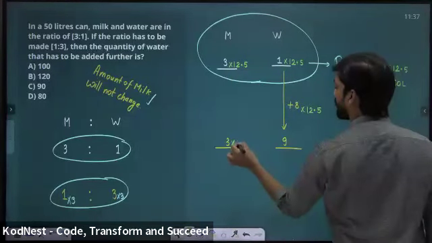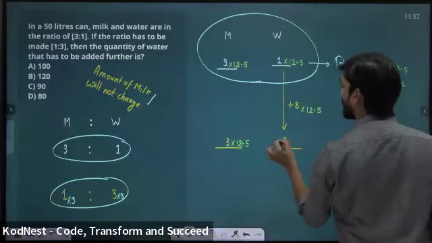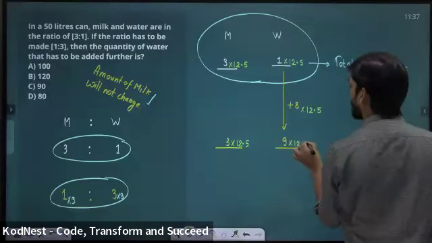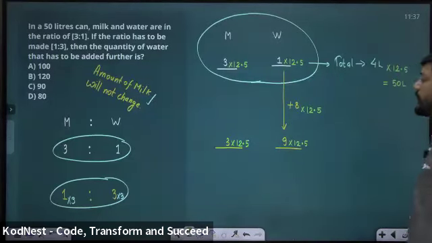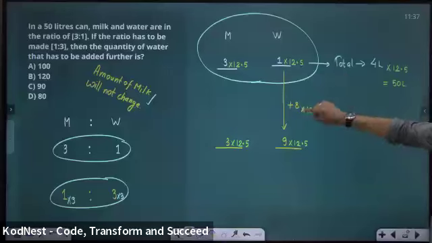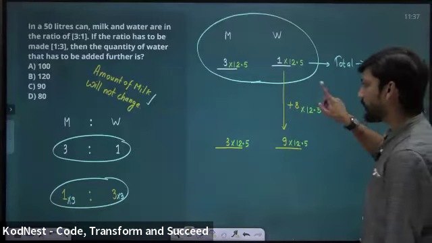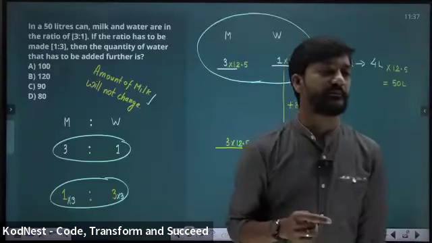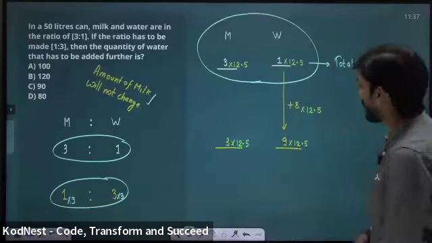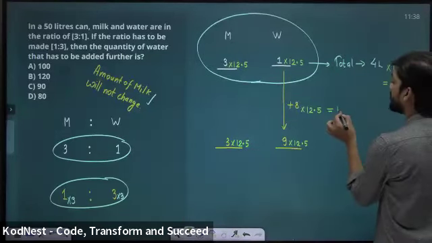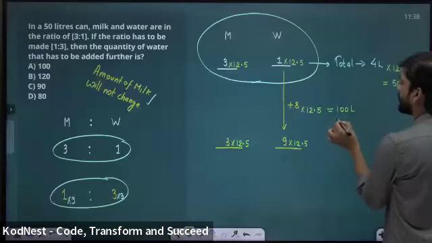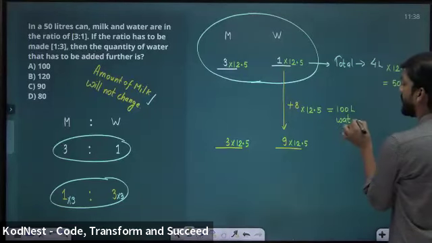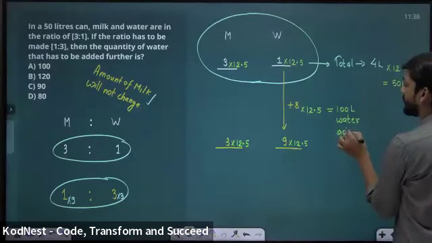So how much water are we adding? How much is 12.5 into 8? 100 liters. So 100 liters of water added.